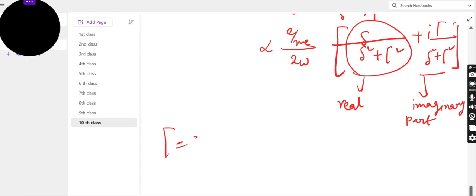So tau is a constant, and this delta is omega naught minus omega.